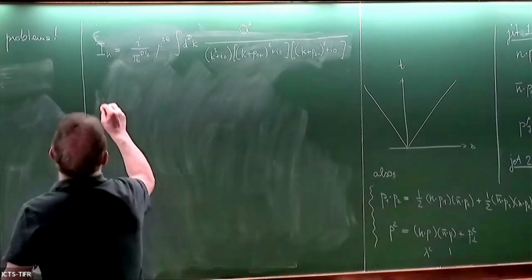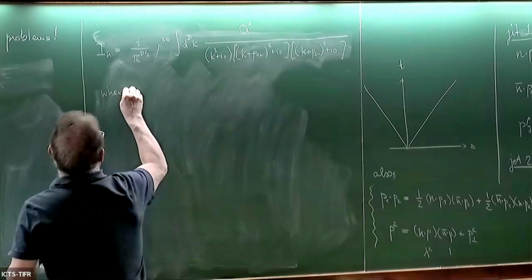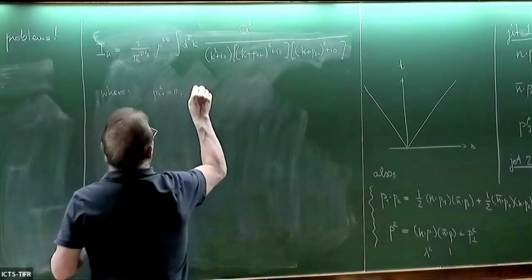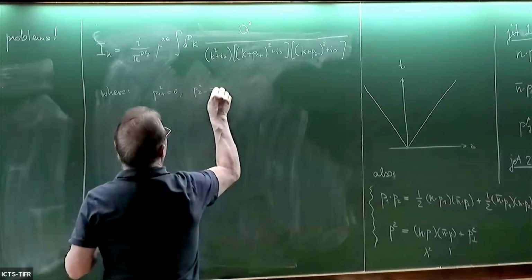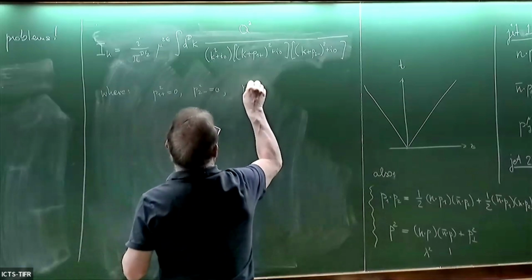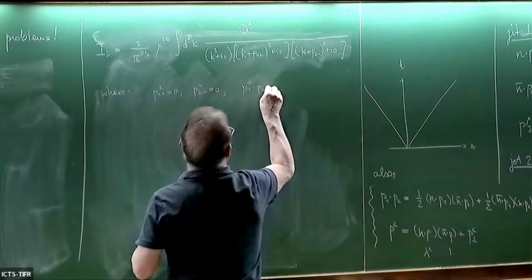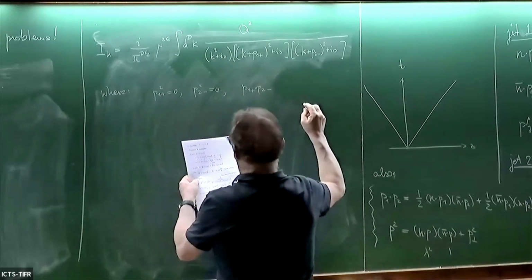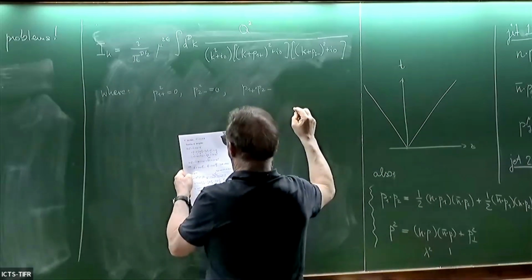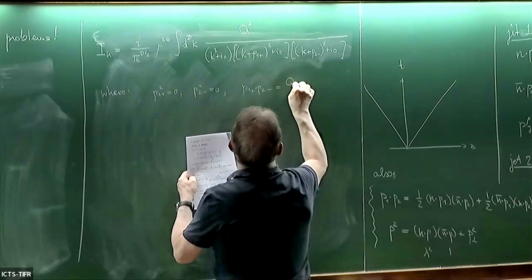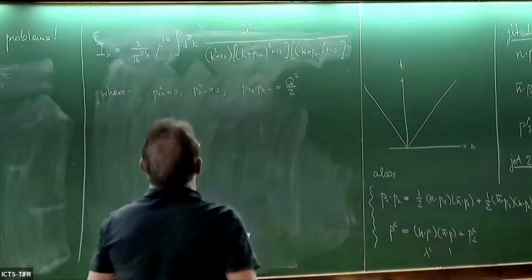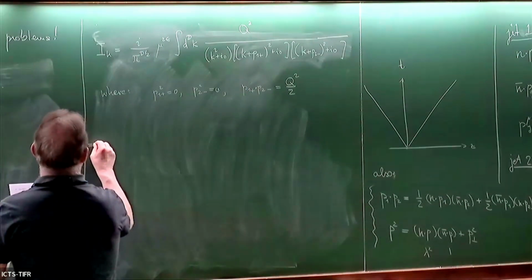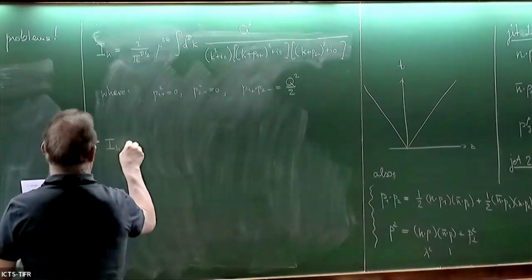Here now the scalar products are trivial. p1 plus squared is 0, p2 minus squared is 0, and p1 plus times p2 minus, you can easily check, is equal to q squared over 2. So basically the only scale in this integral is q squared, and when you calculate it, you find the following result. And then we stop.